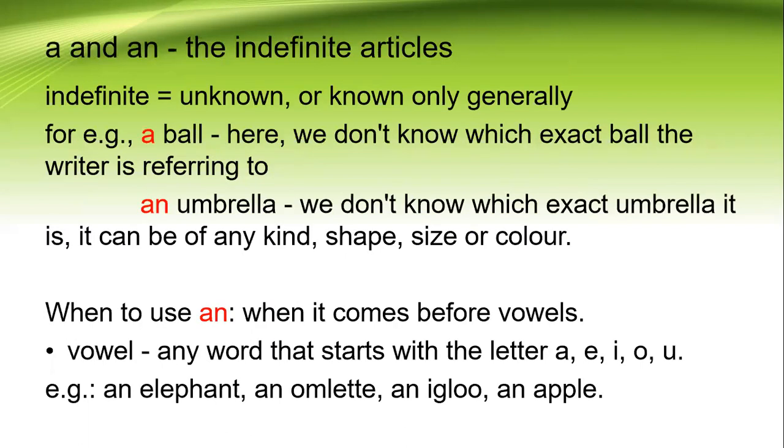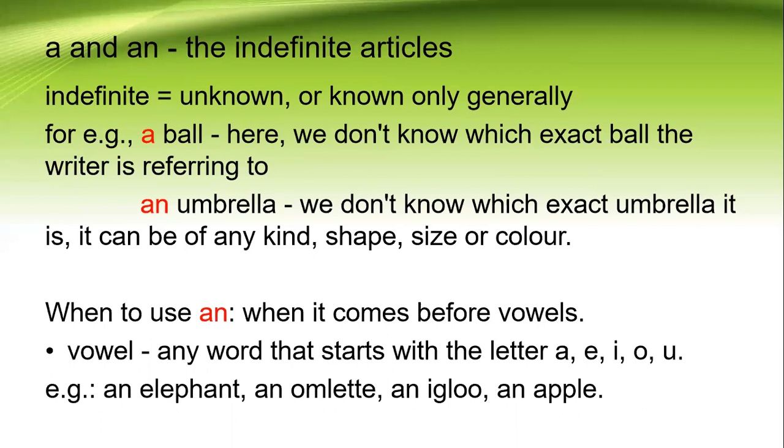Now, let us see a and an. A and an are called indefinite articles. What is indefinite? Indefinite means that which is unknown or only known generally. Means you don't know specifically what we are talking about. A cup of tea.